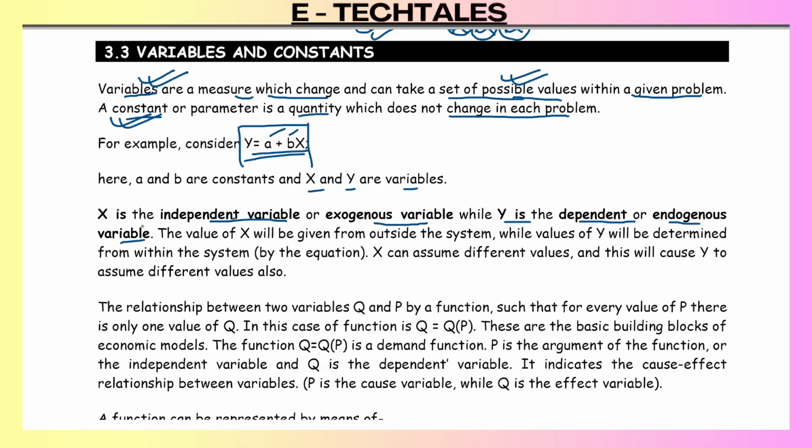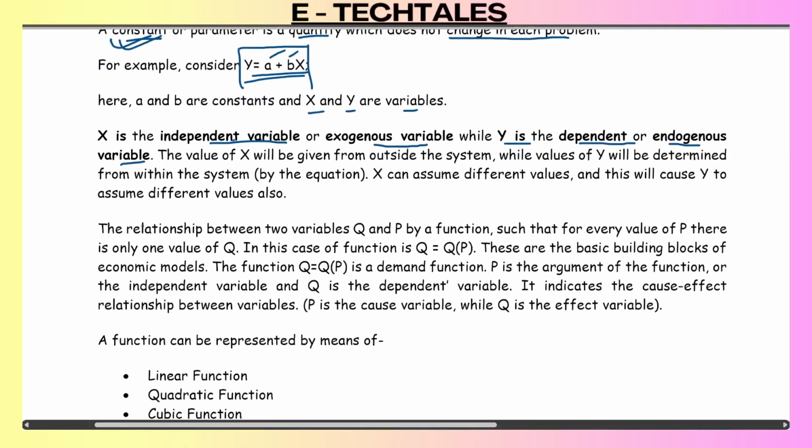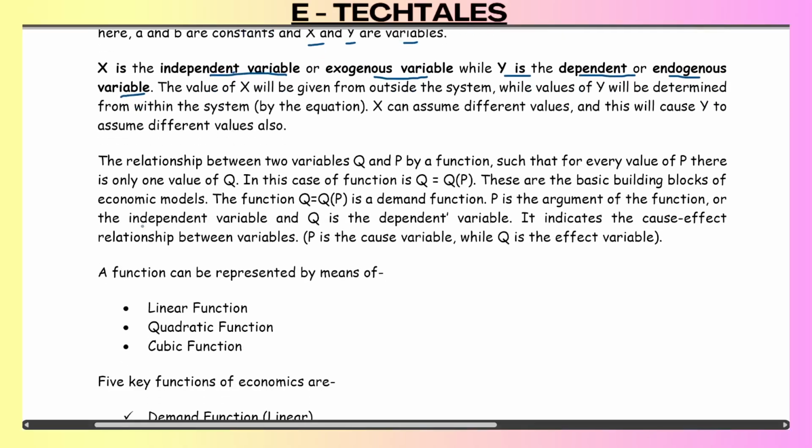So we have to solve by the equation, right? X can assume different values, causing Y to assume different values as well. That is the relationship between the two variables here.